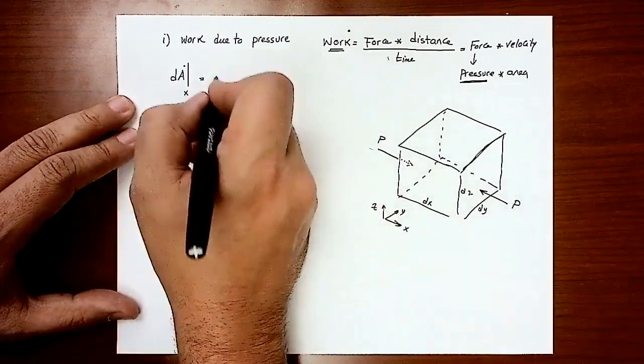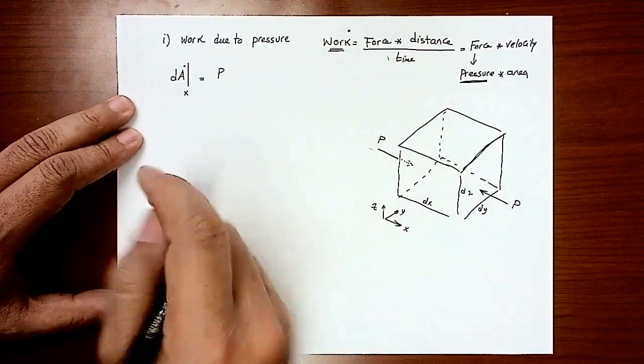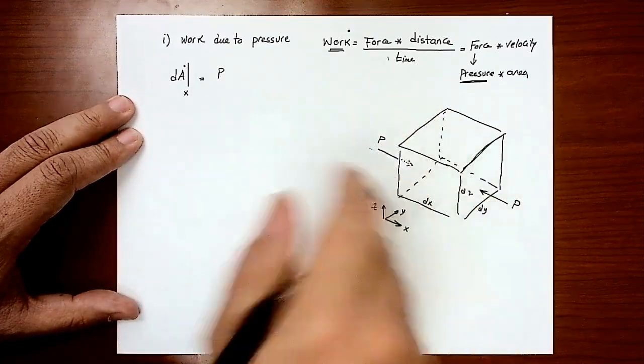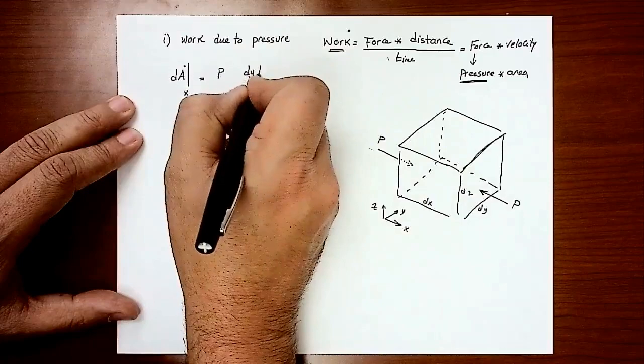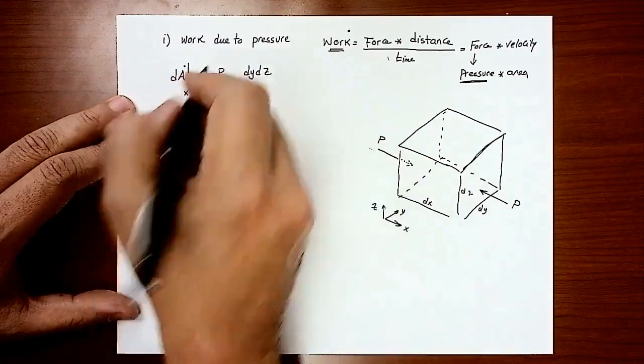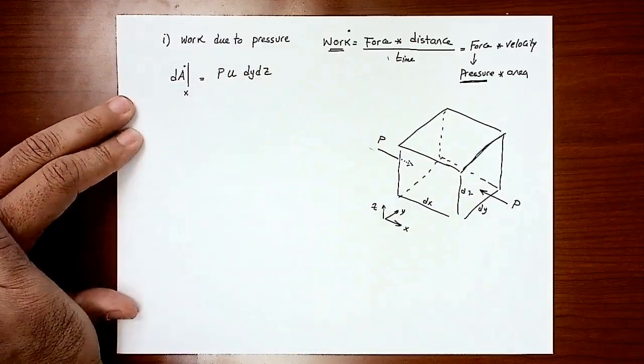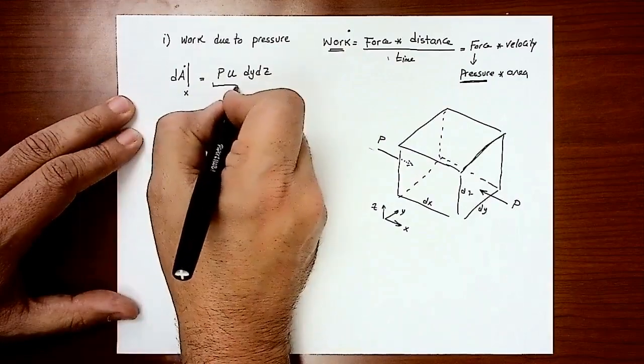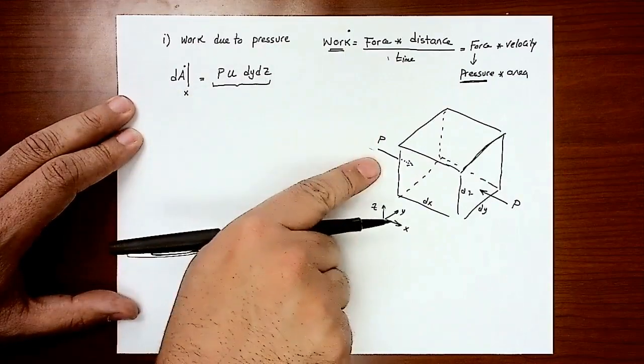So this will be P, that's a pressure, times the area, which is dy dz, times the velocity in this direction, which is u, right? Then this is the surface force in that direction.